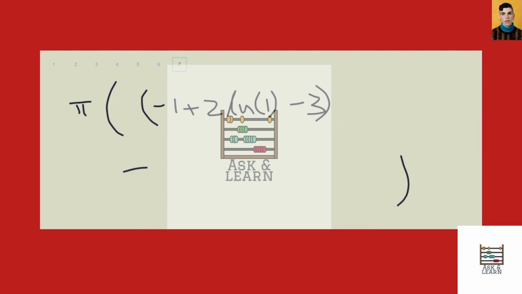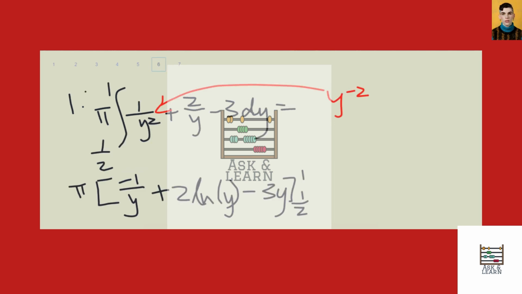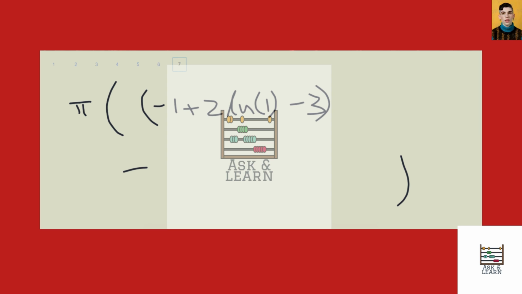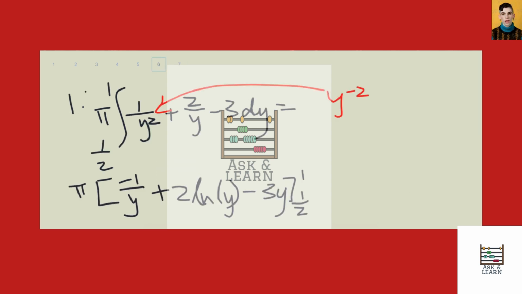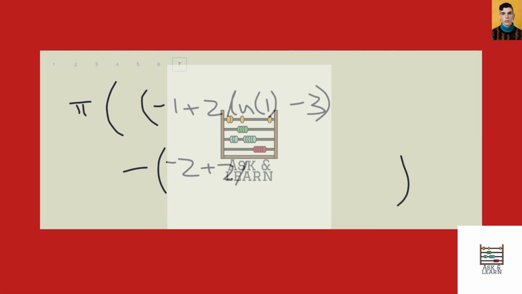All of that minus when y equals 1/2. -1 over 1/2 is -2. Just plug in 2 ln 1/2 minus 3/2.